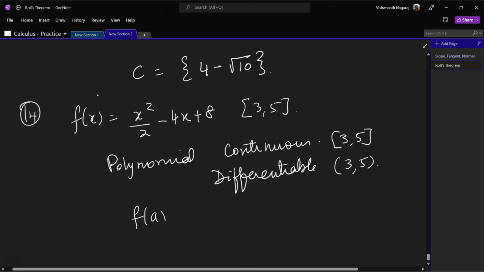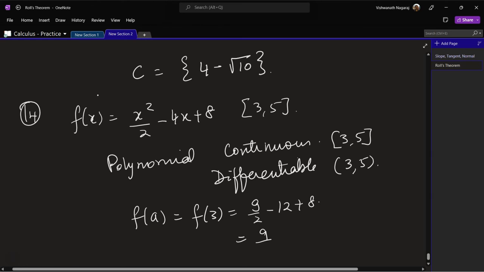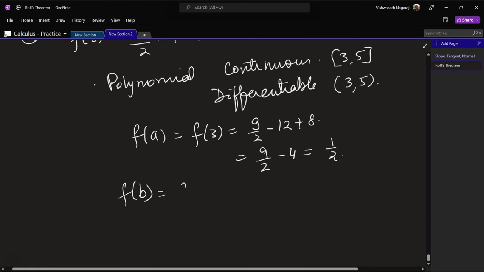Now f of a is equal to f of 3, which is going to be 9 by 2 minus 4 times 3 is 12 plus 8, which is equal to 9 by 2 minus 4, which is 9 minus 8 is 1 by 2. F of b is equal to f of 5, which is going to be 5 square by 2.